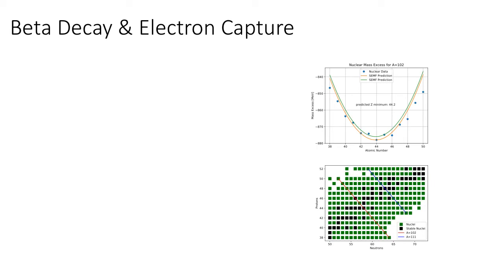So that we get two parabolas, the red parabola here for the even case, and the green parabola for the odd case. And so in this case, the Z min is around 44.